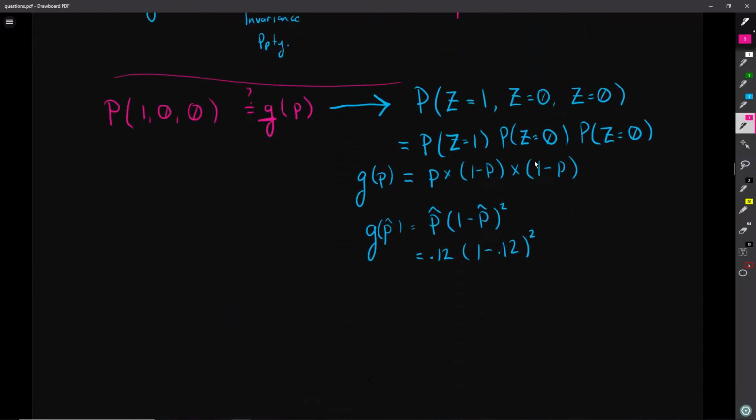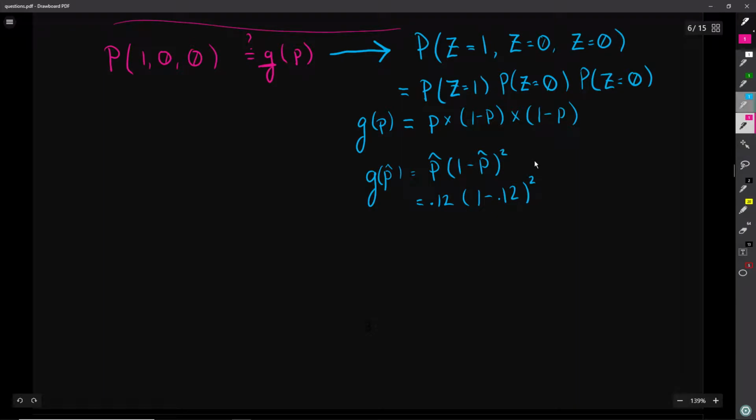Again, the question becomes: what is a function g of, in our case, pi, such that it equals the probability that 1 is less than or equal to y, which is less than or equal to 6?